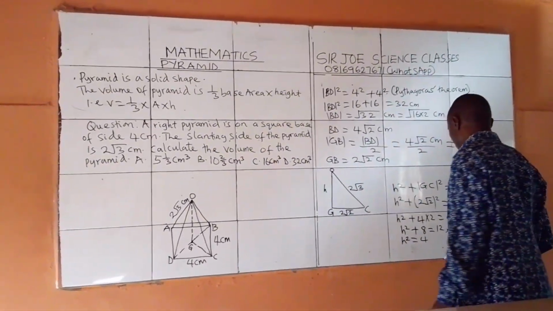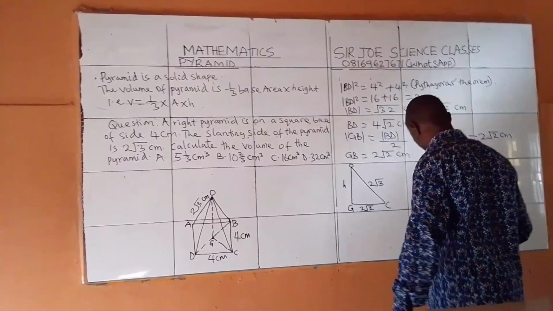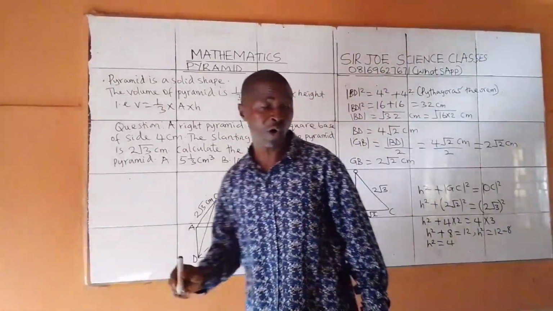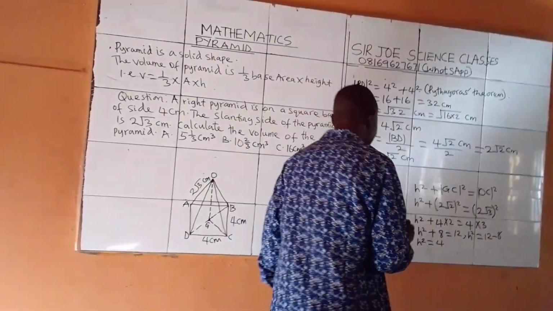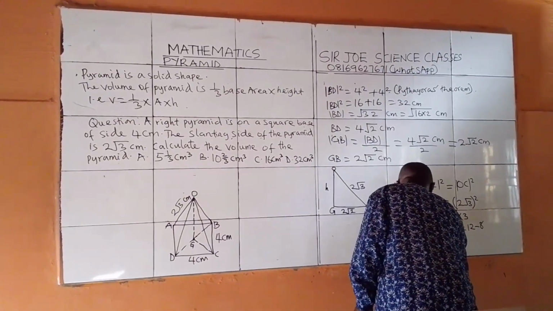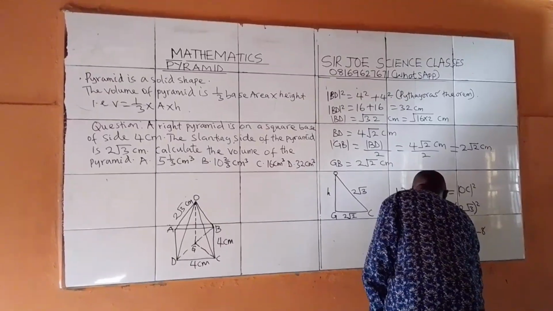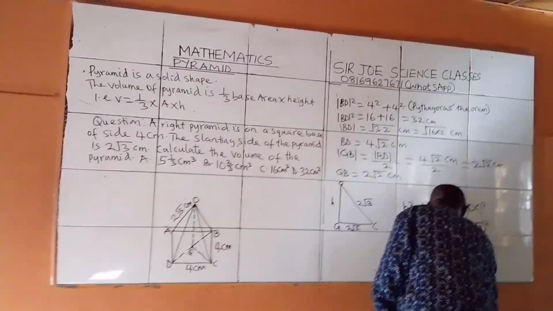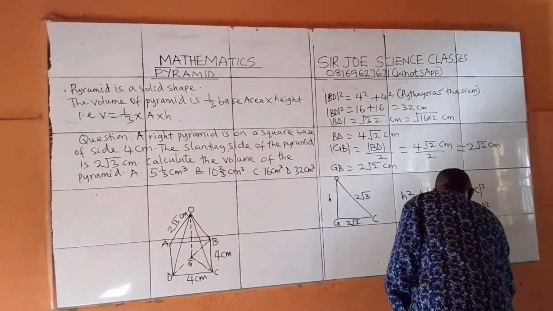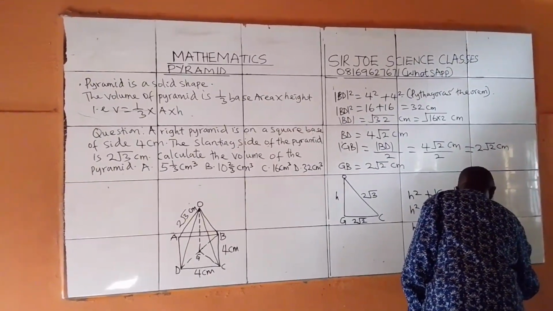Now, if h squared is equals to 4, it means that h is equals to square root of 4 centimeter, which is equals to 2 centimeter.